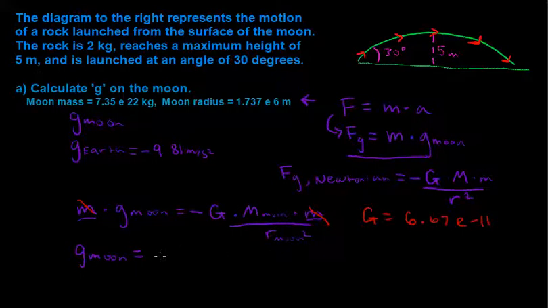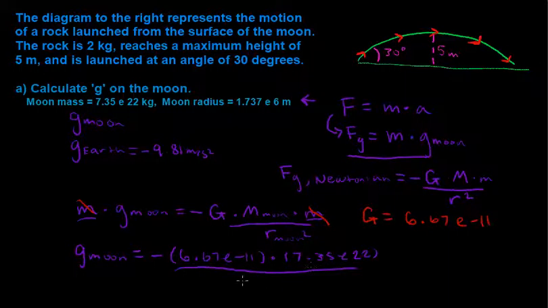So acceleration due to gravity is equal to negative 6.67 times 10 to the negative 11th times the mass of the moon, 7.35 times 10 to the 22nd, and then both of these are going to be divided by the moon radius squared. We can't forget that. 1.737 times 10 to the 6th squared.